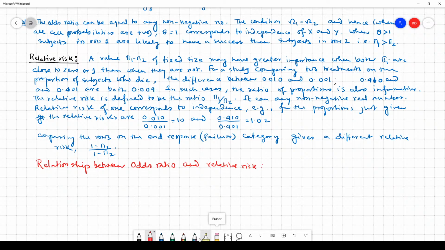It is clear that the odds ratio is nothing but the relative risk times 1 minus pi 2 by 1 minus pi 1. Their magnitudes are similar.